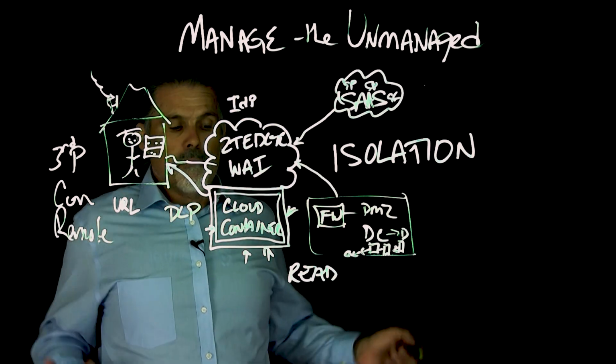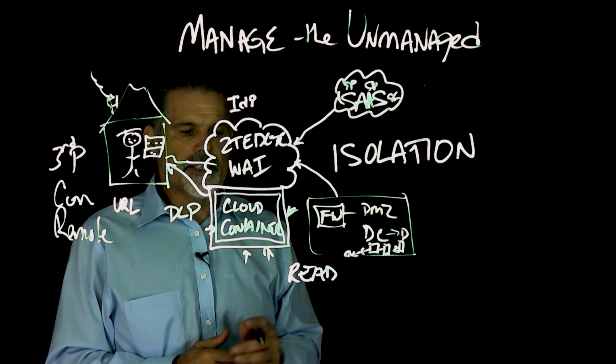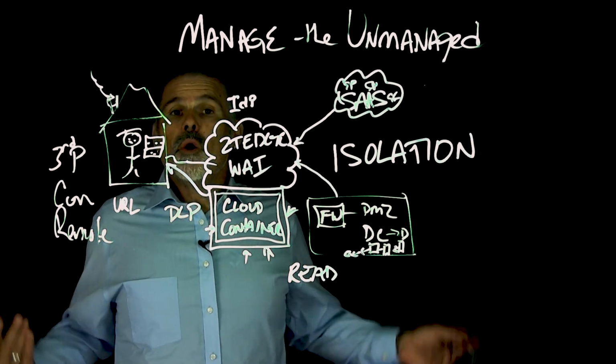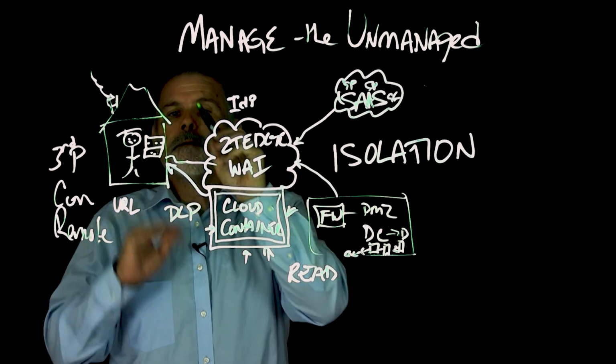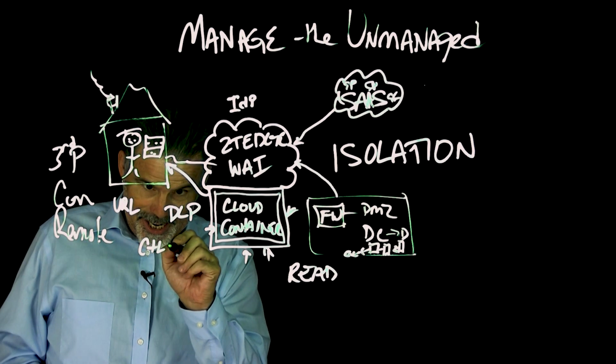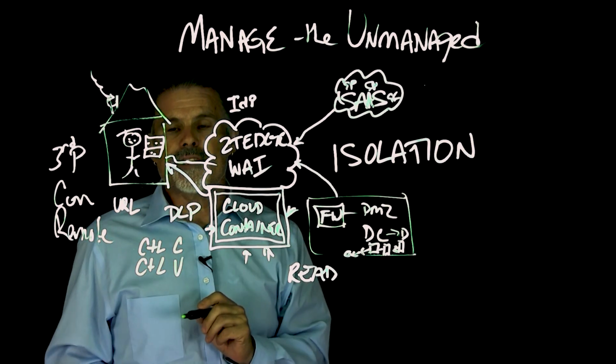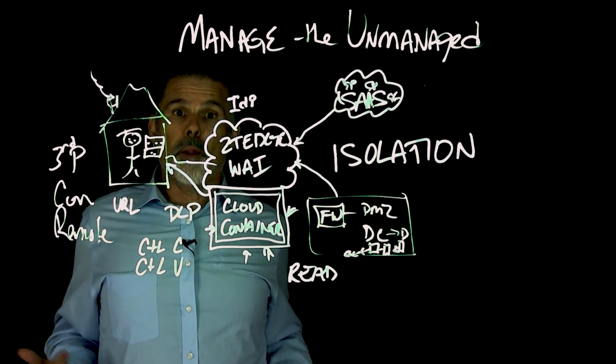You can block downloads. You can sanitize downloads. As I said, you can make it read only. We can do some other things too, like restricting Control C and Control V, copy and paste. We can disable print screen.